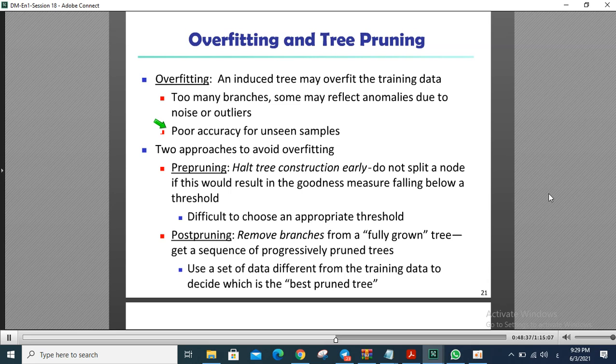And in such cases, when I apply an unseen sample into the tree, because of too many training, it cannot find a specific case near to the sample.